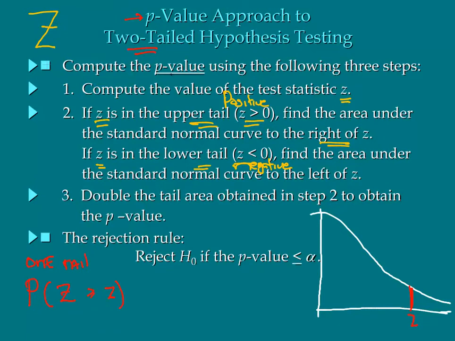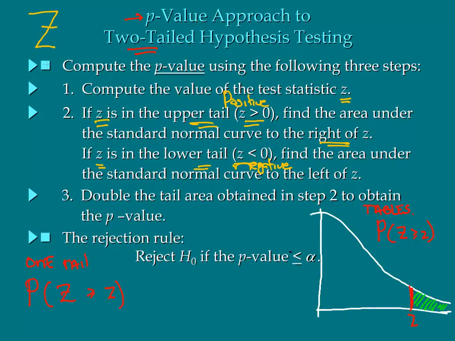That means this area here. You use statistical tables to find that. In this case, it will be the probability of z being greater than or equal to lowercase z, and that is from the z tables.